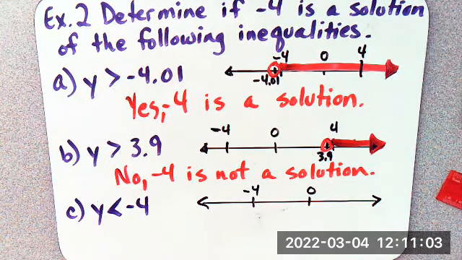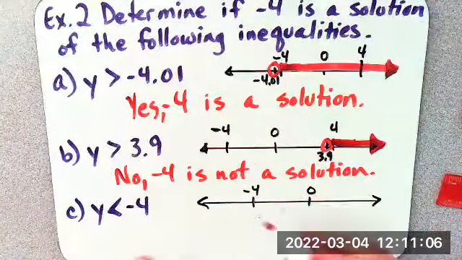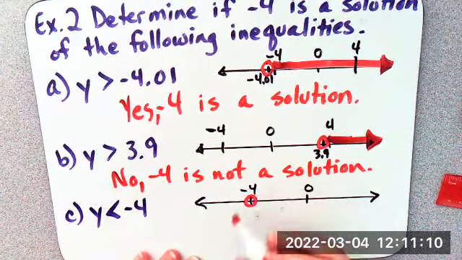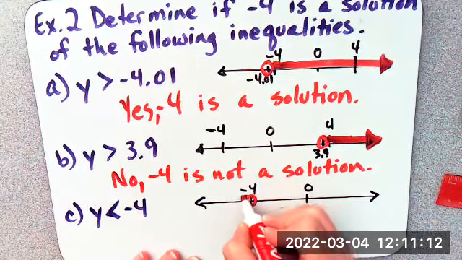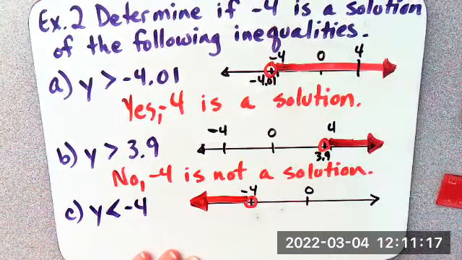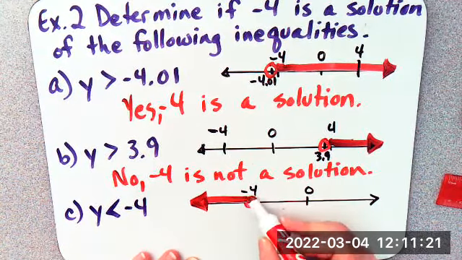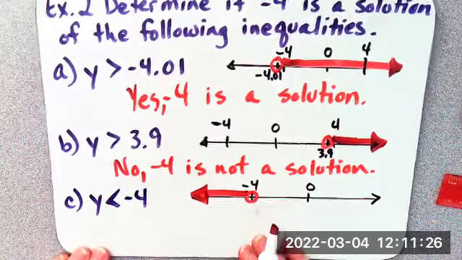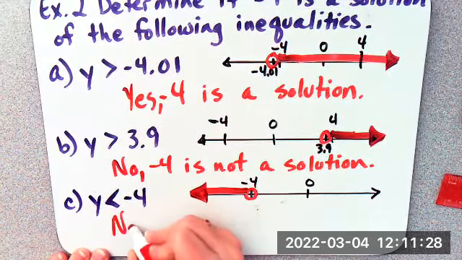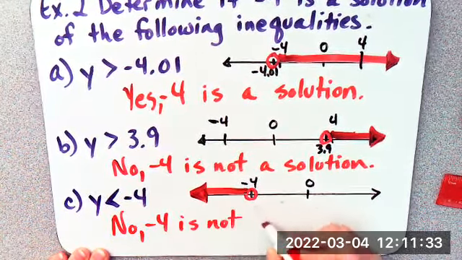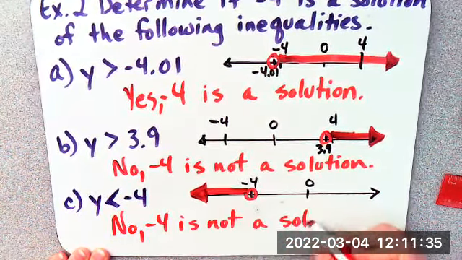No, it's greater than -4. So 0 is not part of the solution. So we're going to put an open point around -4, use it as a barrier, and then we're going to shade this way. So we're trying to determine is -4 a solution, but -4 has a barrier around it. It can't be -4. So we say no, -4 is not a solution.